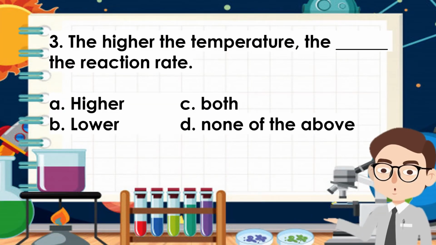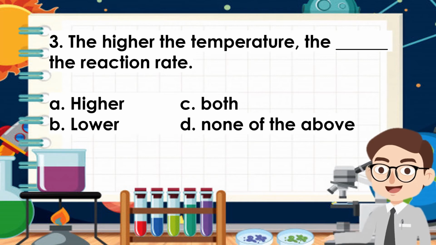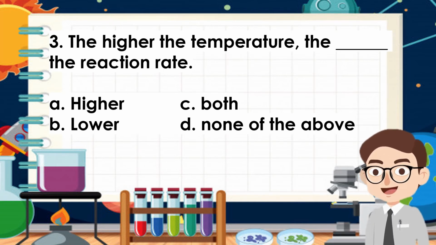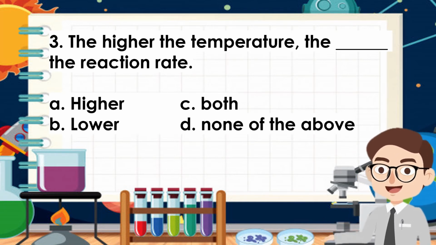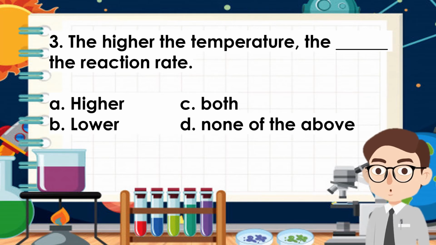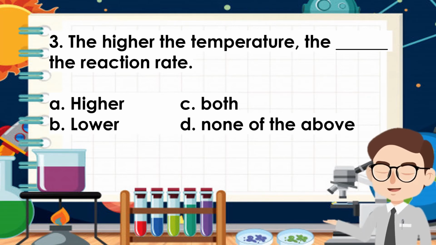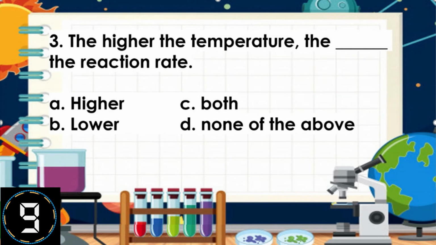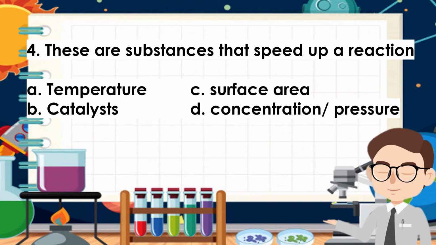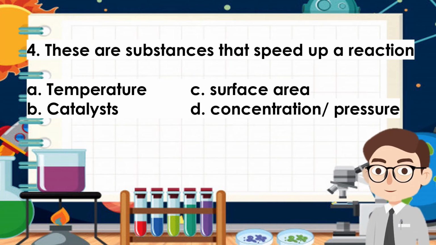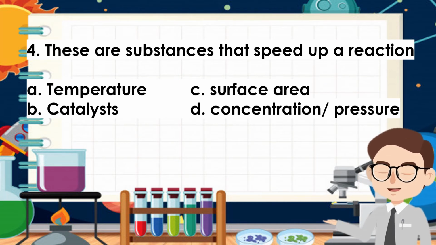Number 3. The higher the temperature, the blank the reaction rate. Letter A, higher. Letter B, lower. Letter C, both. And letter D, none of the above. Number 4. These are substances that speed up a reaction. Letter A, temperature.